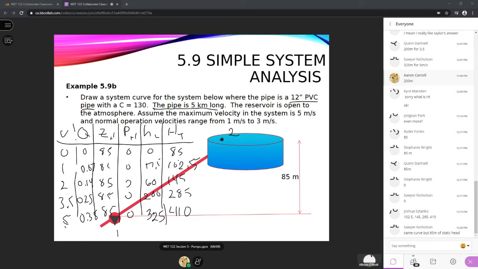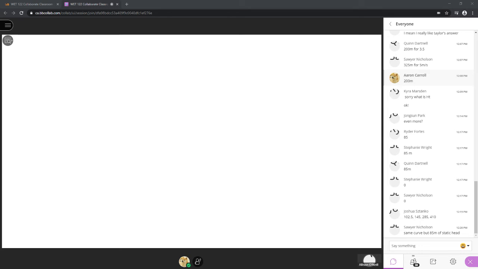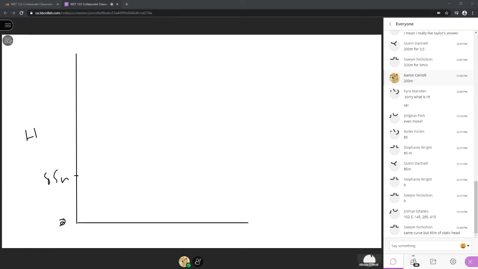So if we draw that, here's our head. We start at 85 meters. This is 0, and our flow rate goes up to 0.35. And then our maximum is going to be 410.